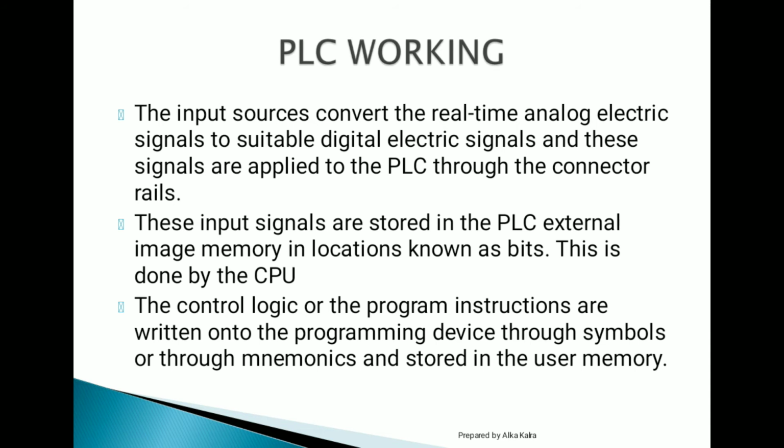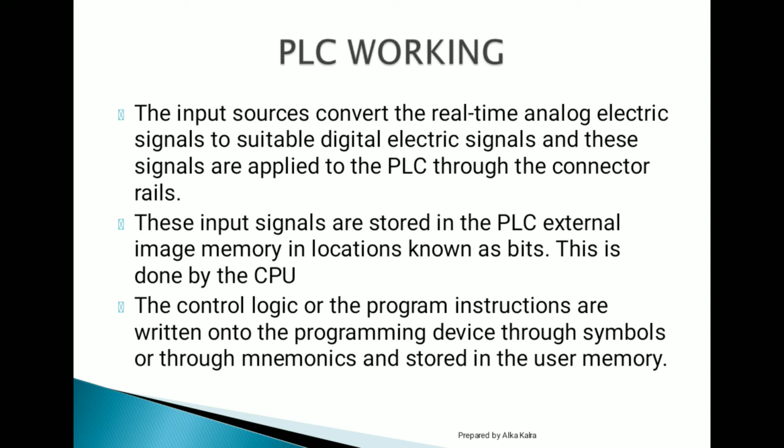So in PLC working, what happens? The input sources convert the real-time analog electric signals to suitable digital electric signals, and these signals are applied to the PLC through the connector rails. All the input device signals are mostly analog in nature.